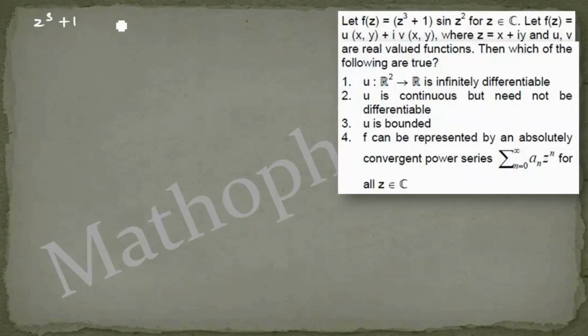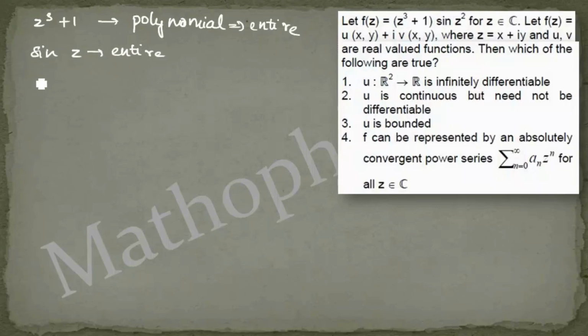z cube plus 1 is a polynomial, so it is entire, and we know sin z is entire. So this implies sin z square will also be entire.